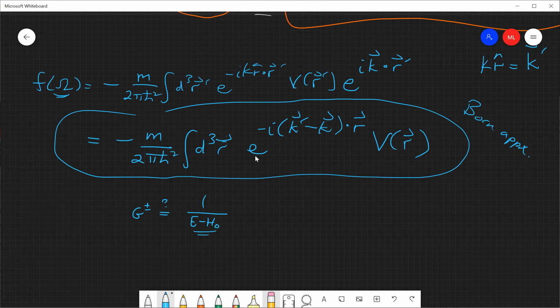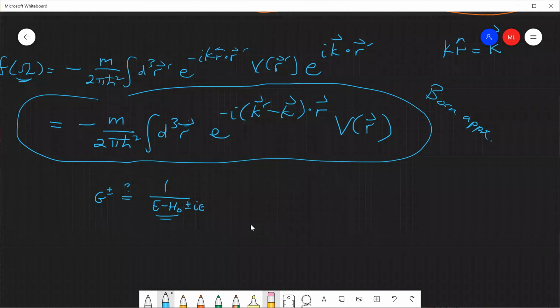And as it turns out, and I'll show this to you next class, the way you pick them out is by introducing a small imaginary part to this denominator, which you then send to 0. But depending on how you send it to 0, either from positive values or from negative values, you'll pick up either the plus solution or the minus solution. But I'll show you that later. For now, you just have to take my word for it that that's how it works.